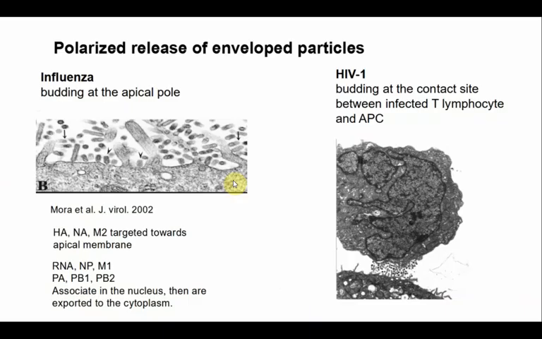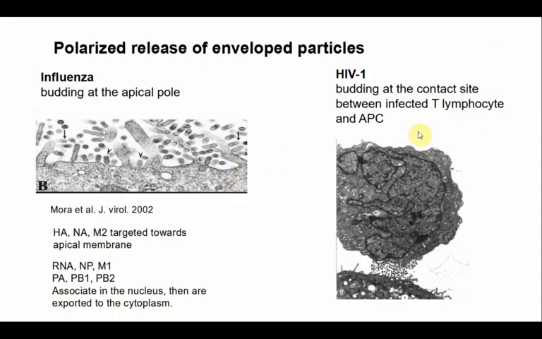This is a virus infecting differentiated epithelial cells, and it's transmitted by people coughing and sneezing. It's got to be secreted preferentially back out onto the surface of the respiratory epithelium, so most of the particles released are from the apical side.